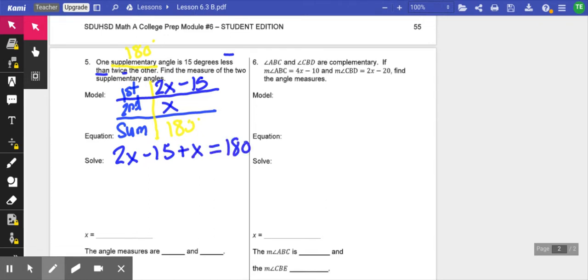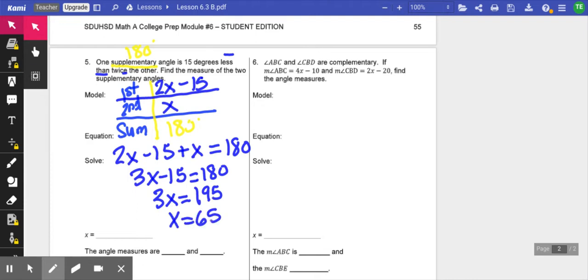I always simplify before I solve. So here I get 3x minus 15 equals 180. Now I'm ready to solve my two-step equation. I'm going to add 15. So 3x equals 195. Then I am going to divide by 3, and I get x is 65. Then I need to plug back in.